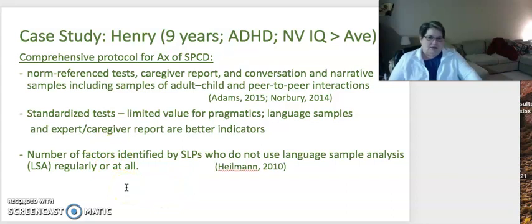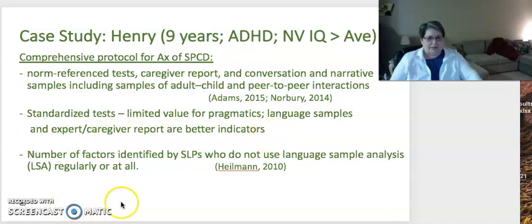They included norm referenced tests and caregiver report and conversation and narrative samples, including a sample of adult-child and peer-to-peer child interactions. The standardized tests obviously were of limited value for tapping children's pragmatic ability, but language samples were considered to be an extension to probe further into the parent report on the CCC3 or 2, and expert caregiver report are considered to be better indicators.